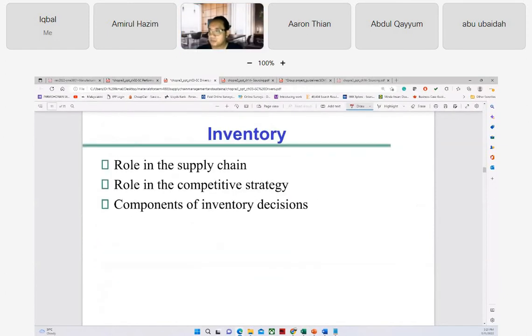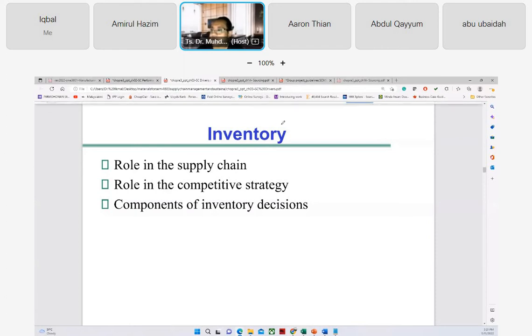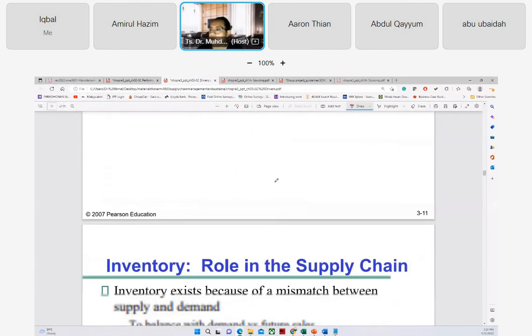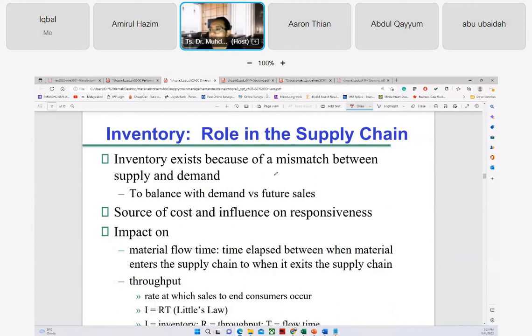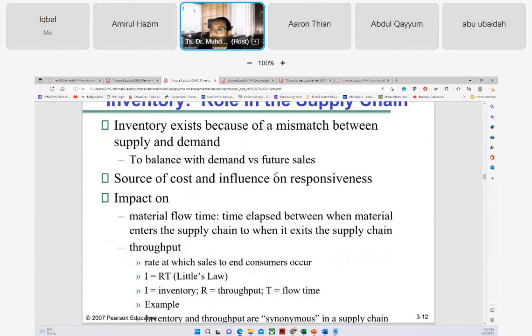Inventory: its role in the supply chain, role in competitive strategy, and components of decision. So we're going to go one by one. Role in supply chain. Why does inventory exist? You have to understand that it is because of the mismatch between supply and demand. Sometimes the demand says I want 1000 X50, but supply has 500.